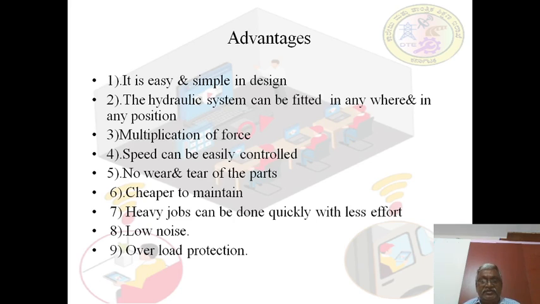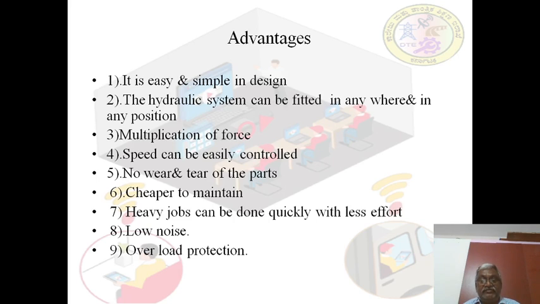Next one, no wear and tear of the parts. In mechanical system, due to movement of linkages and mechanical parts, there will be more wear and tear, it needs maintenance, and those parts are to be lubricated.